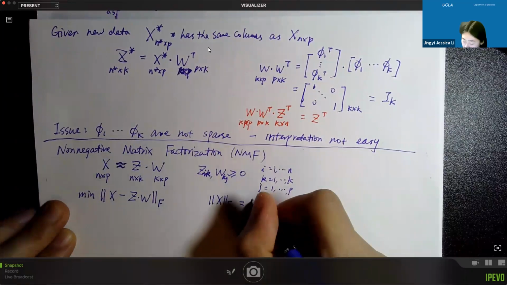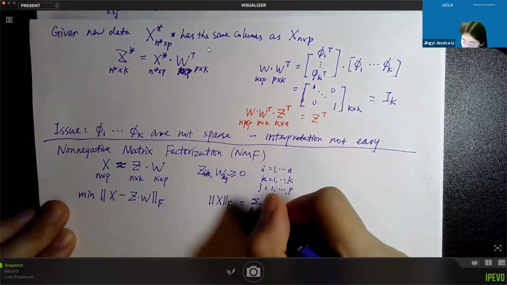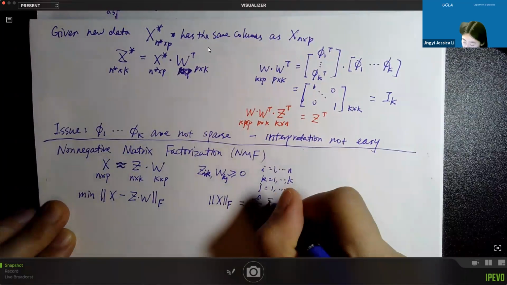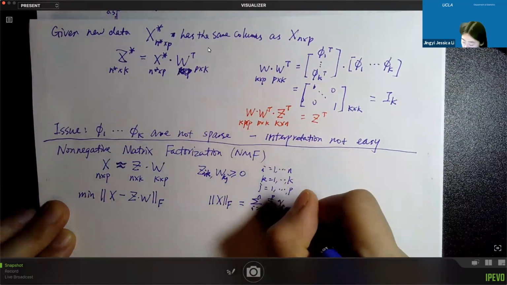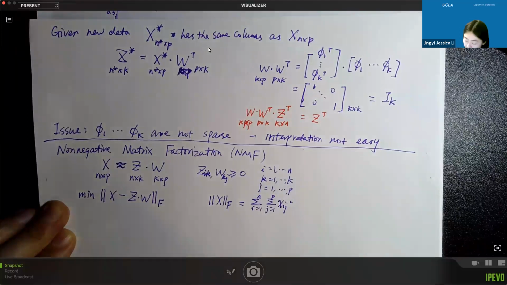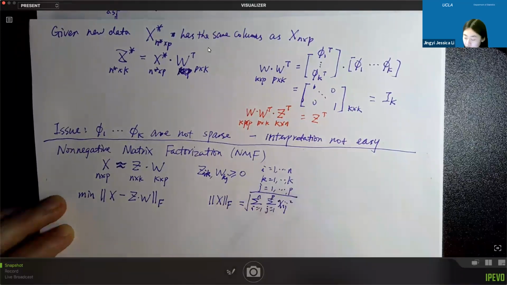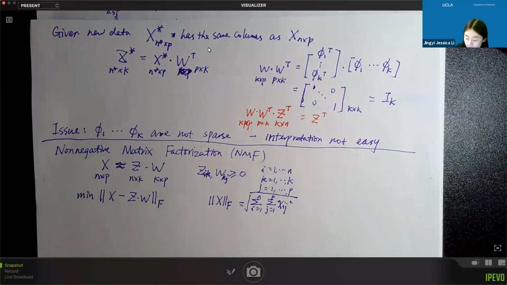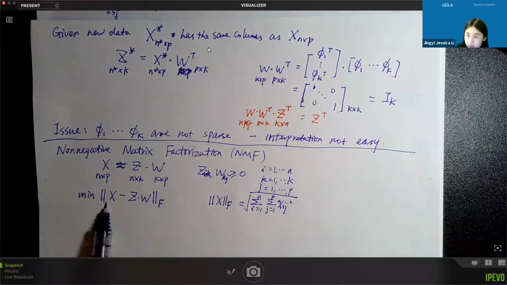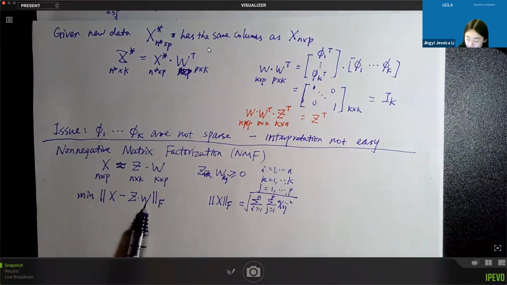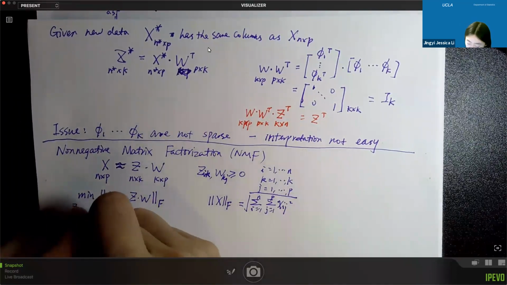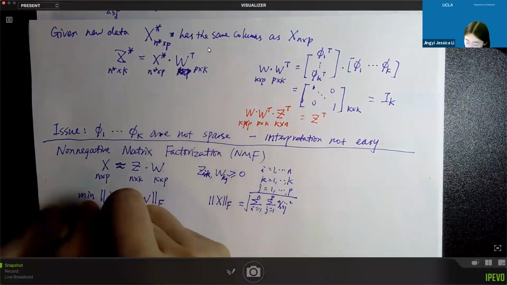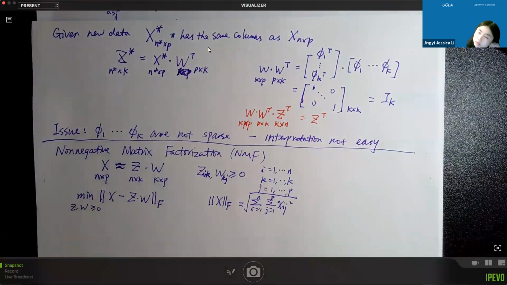It's basically the summation, i from 1 to N, j from 1 to P, of X_ij squared. I take the square of the entries, then take the sum over rows and columns, and finally I take the square root. So we want to minimize the difference between Z times W and X, and this optimization is, of course, under Z and W being non-negative. So it's a constrained optimization problem.